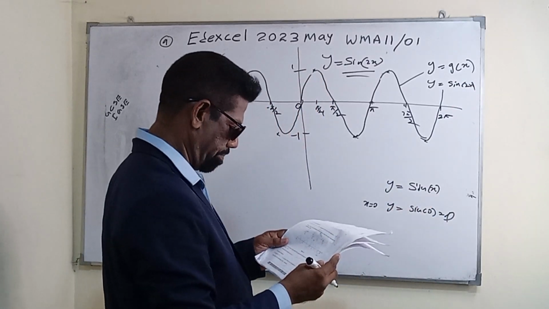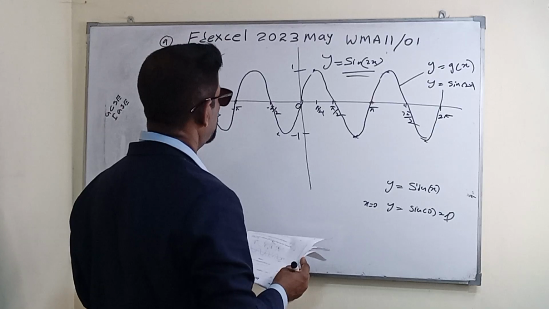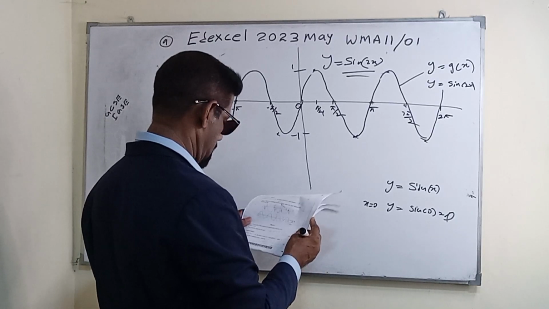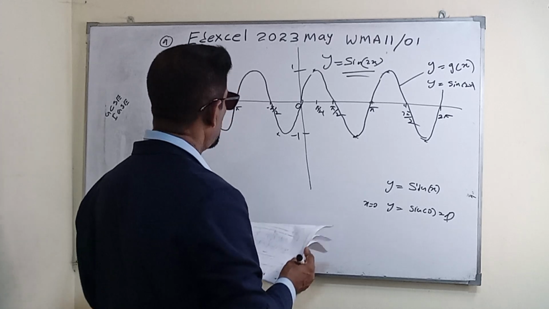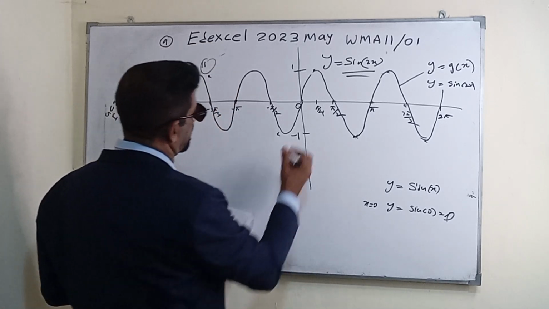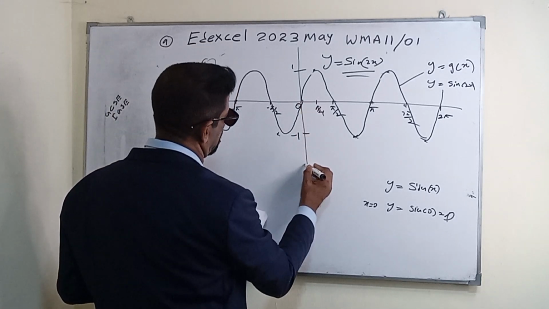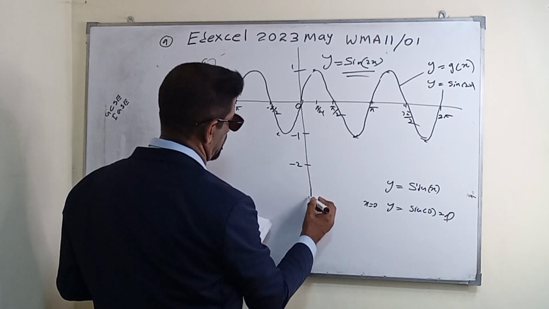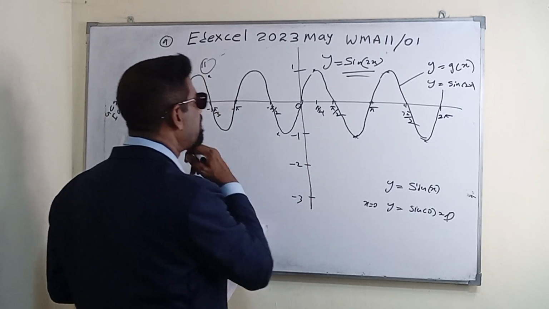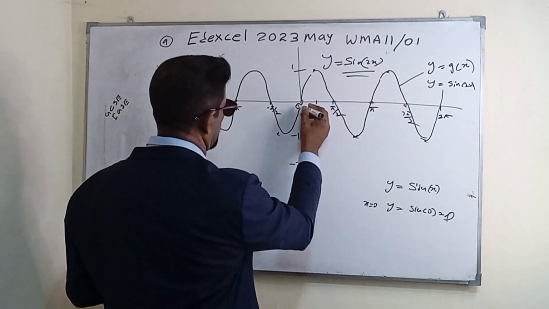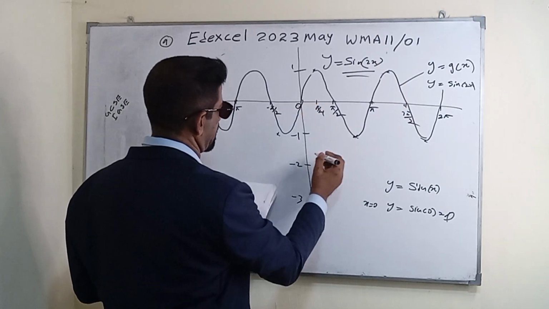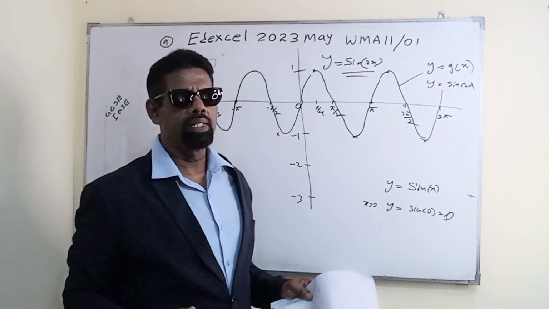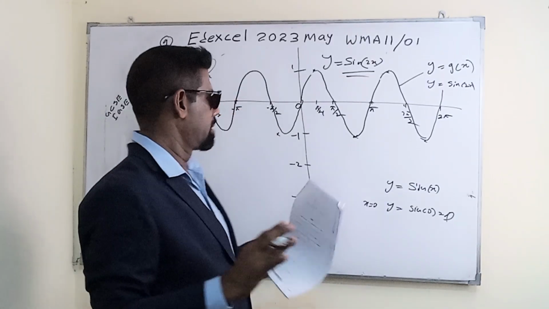Then g(x) minus 2. That graph's points will come 2 units down. g(x) minus 2 means moving vertically down 2 units, and x does not change.